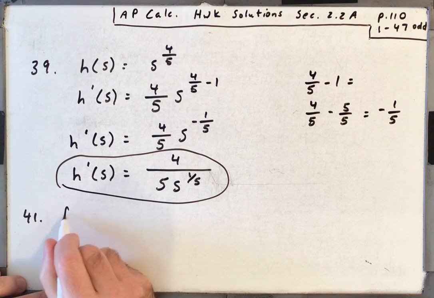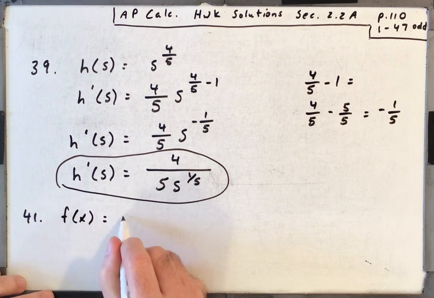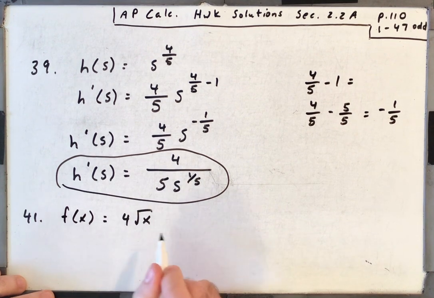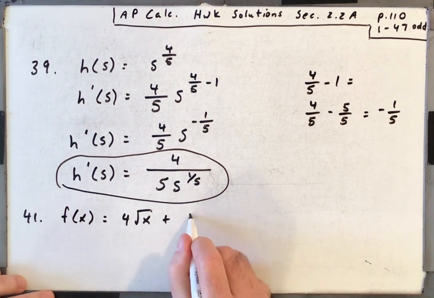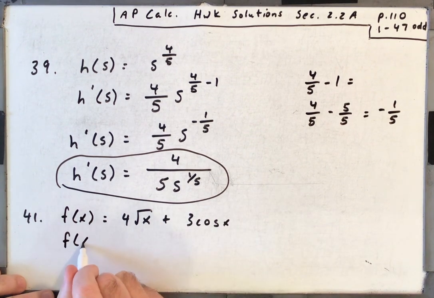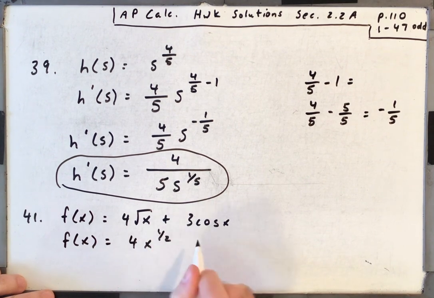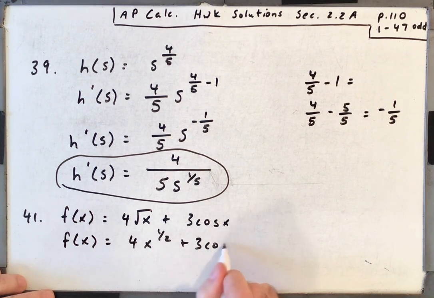We have f of x is equal to 4 root x plus 3 cosine x. I'm going to rewrite that as 4x to the 1/2 plus 3 cosine x.